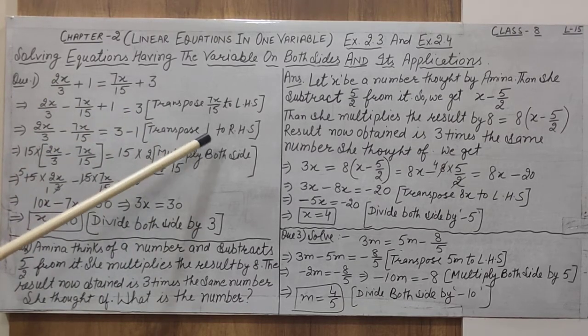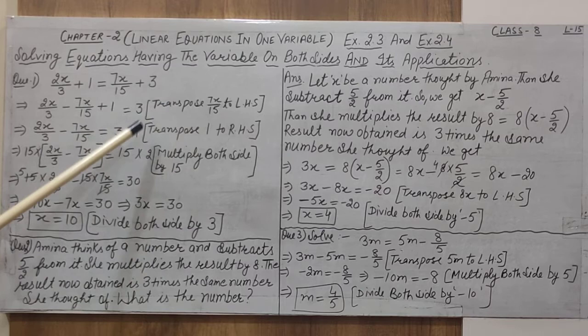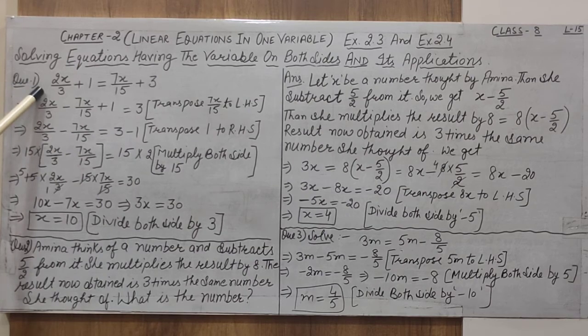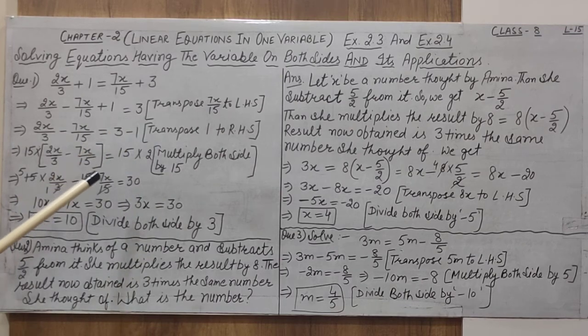When 1 is transposed to the right hand side, it has a positive sign in front of it, and when we transfer it, we get a negative sign in front of 1. Now after the two transpositions, we get 2x by 3 minus 7x by 15 on one side, and constants on the other side.